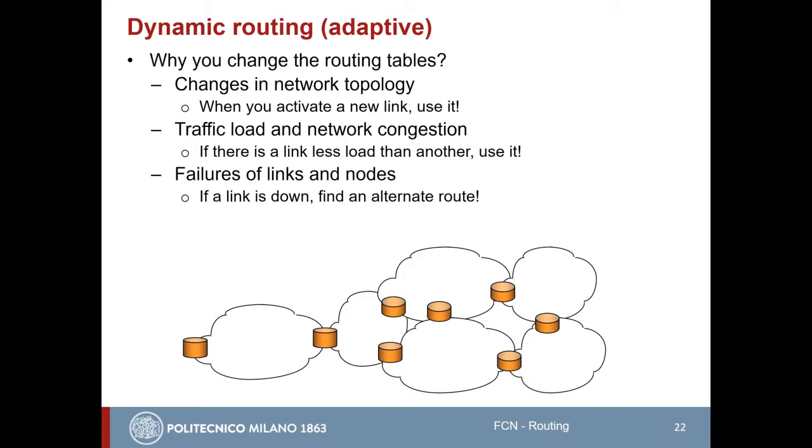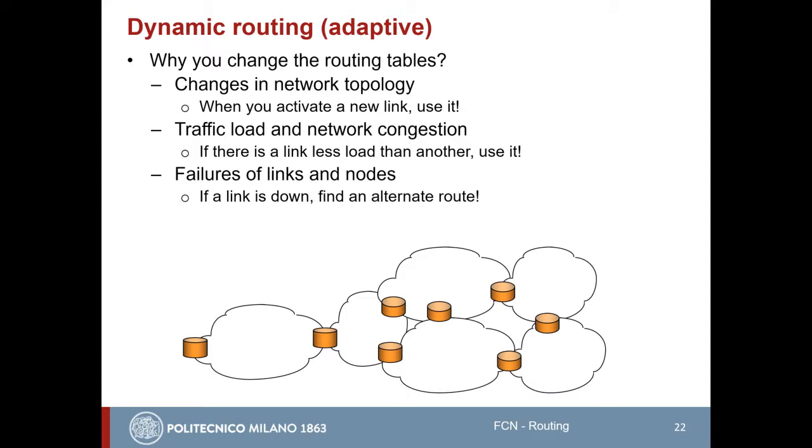And for example, you may be able to react to changes in the topology on the physical layer of the network, when you switch on or switch off a network or a link, but also changes in, for example, the state of the network. Maybe you have a congestion at a specific link.